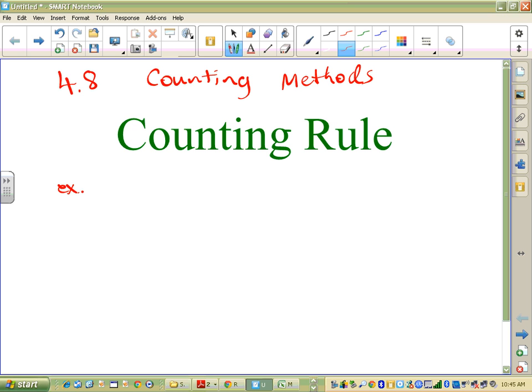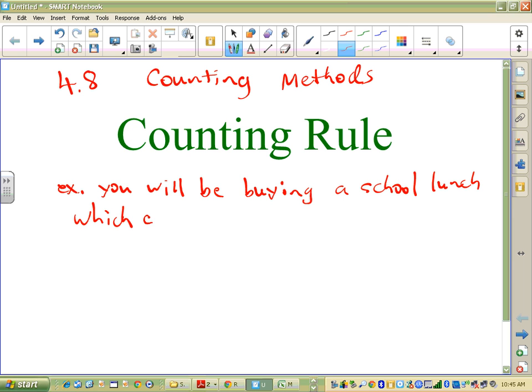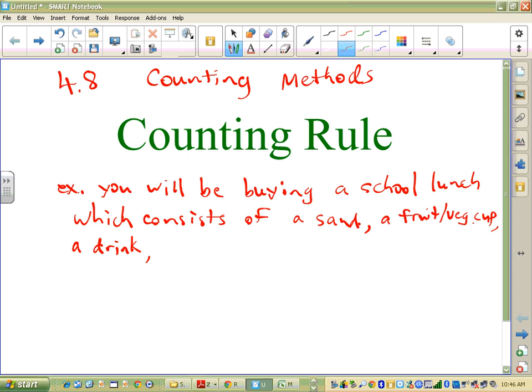Example. You will be buying a school lunch, which consists of a sandwich, a fruit or vegetable cup, a drink, and a dessert.